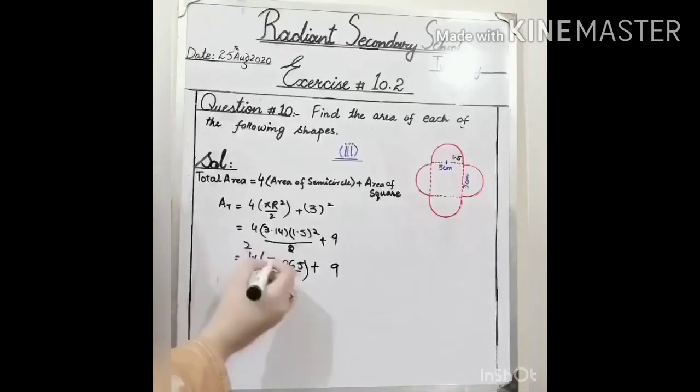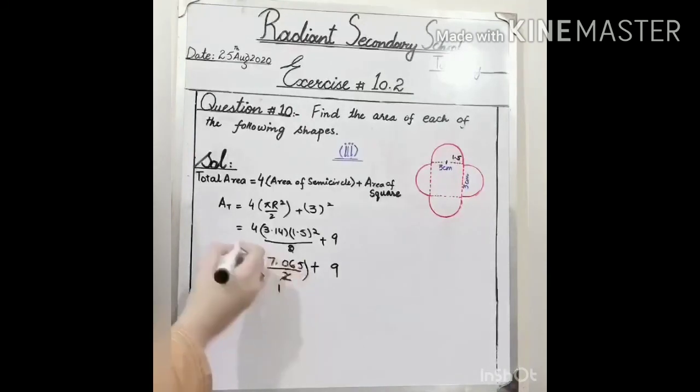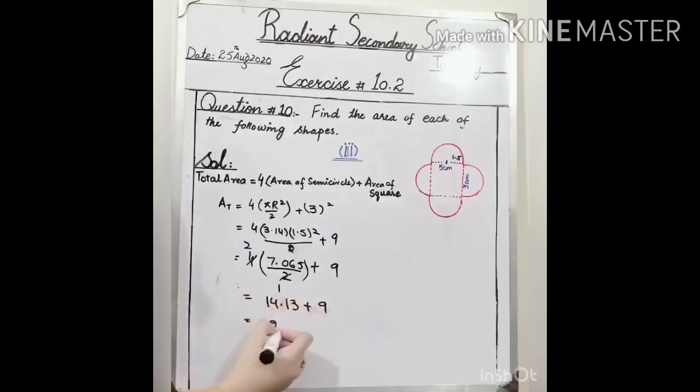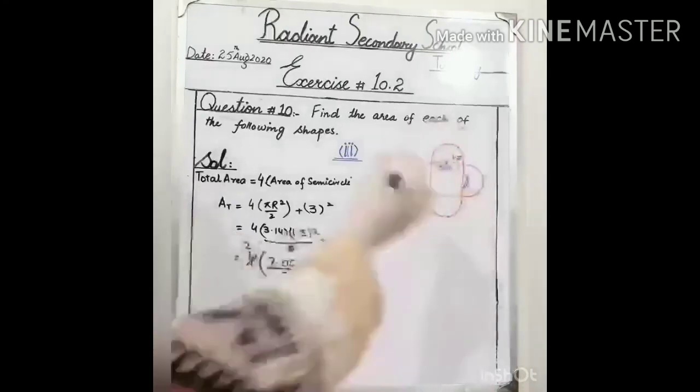And when you multiply this number 7.065 into 2, it will be 14.13 plus 9. So 14.13 plus 9 will be 23.13 centimeter square. So this is the total area of this shape.